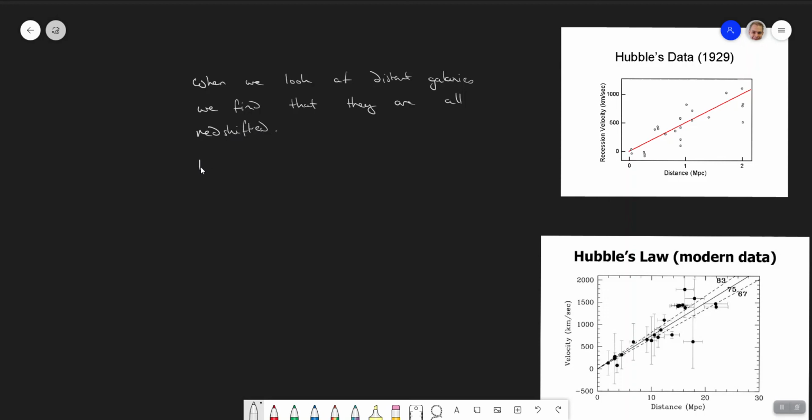So the further they are, the greater the distance, the greater the redshift.